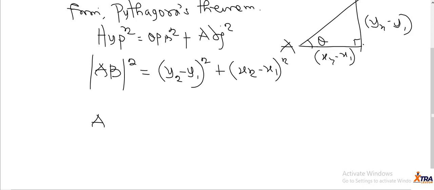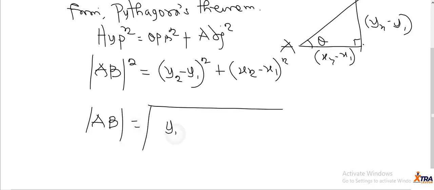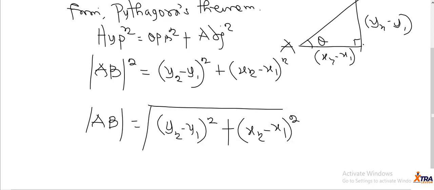So AB now is equal to the square root of y2 minus y1 all square plus x2 minus x1 all square.